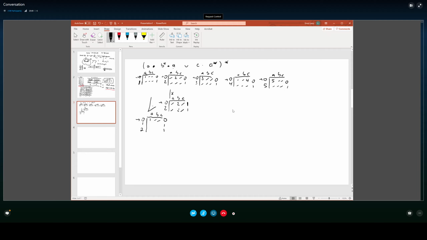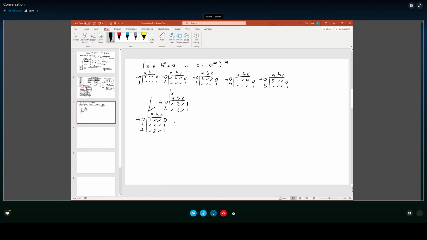So this is nothing, 2, nothing. And state 2 is in the second automaton, so this is always copy. So this is now the concatenation of those two automata.